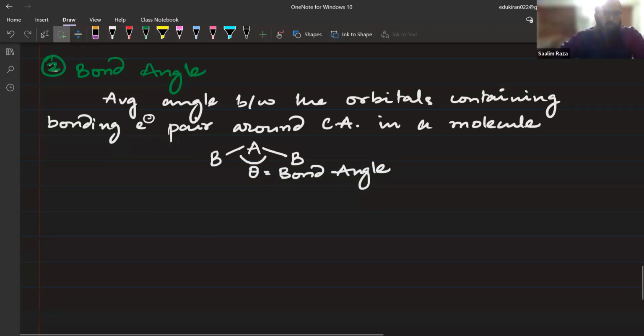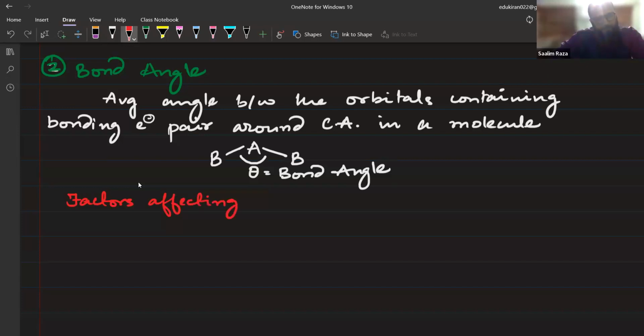So after this, we are also going to write the same thing as for bond length: factors affecting the bond angle. These are obviously more important than the definition itself. Now, I want all of you to turn your mic on and flip to whatever page you have for steric number 2.